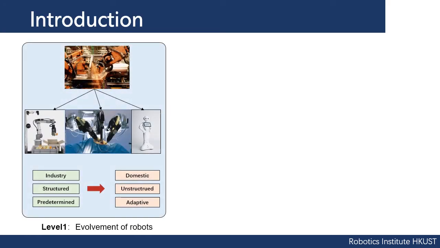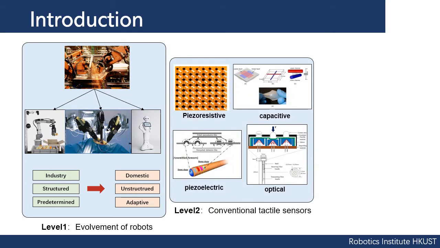As we are moving from industrial-level robots to domestic-level robots, the environment is becoming more and more unstructured. Therefore, it poses difficulty for the robot to behave more adaptively. On the perception side, tactile sensing, as a very important sensing modality, is becoming important.